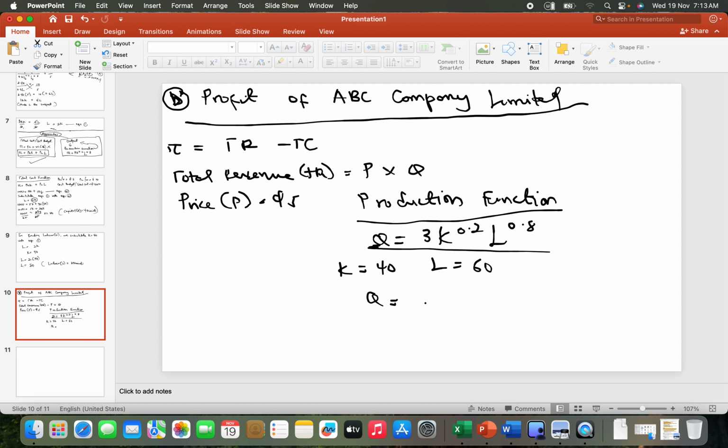So we have Q to be 165.98. So this is Q.